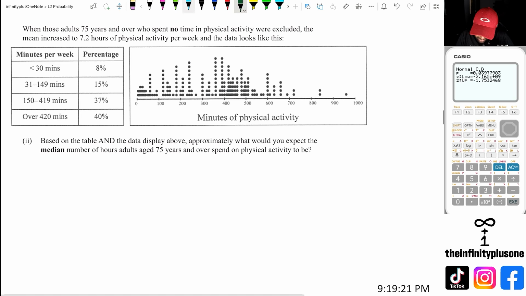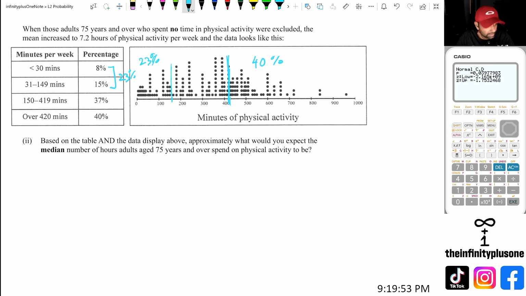So if I look at this right here, at about 149 we've got 23%. Over 420 is 40%. So it's around 420. Again, this is just a rough estimate, folks. So that's 40%, that's 23%. We want to know roughly where the median is.